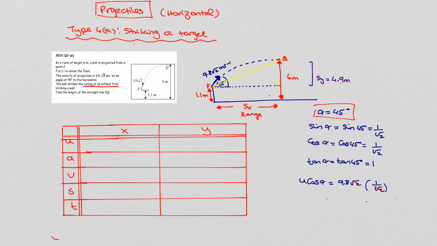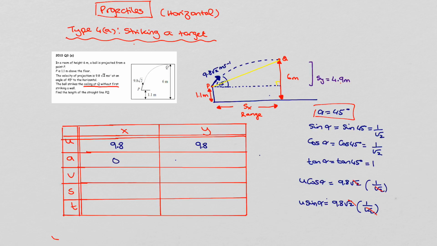So U in the x direction is 9.8. If I do U sine alpha, U is 9.8 root 2, and sine alpha is also 1 over root 2, and therefore again our root 2's cancel. So again, U in the y direction is also 9.8.